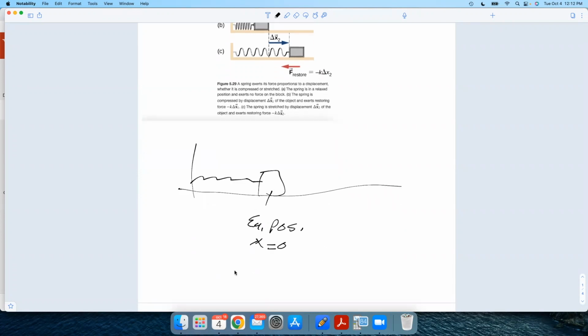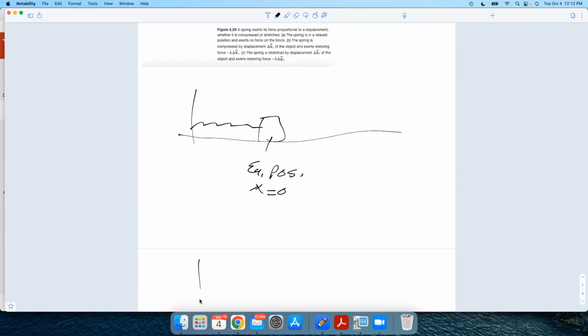Then if we perturb that mass, if say we stretch it out, so here was x equals 0, and I move it out to some x equals x, then Hooke's law says there'll be a force that tries to push backwards.